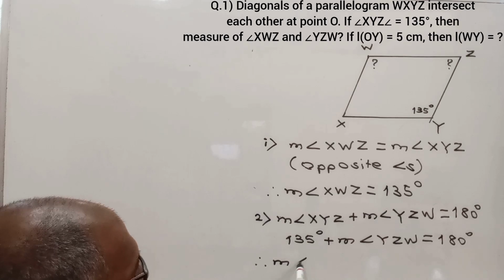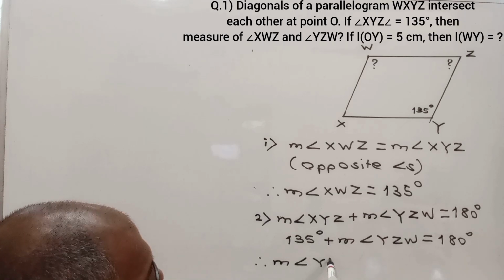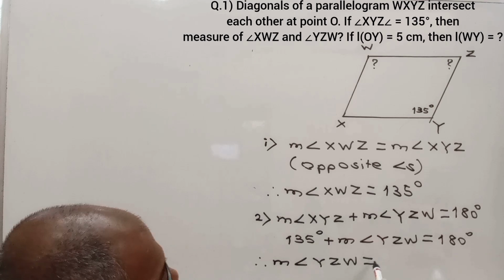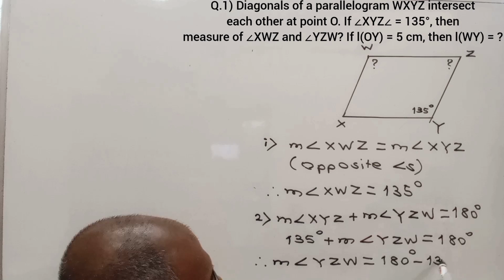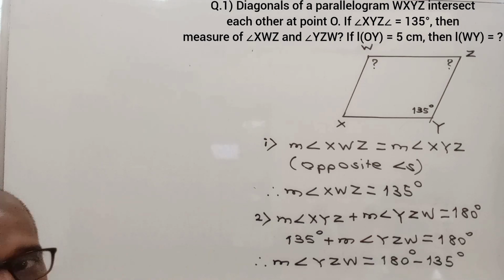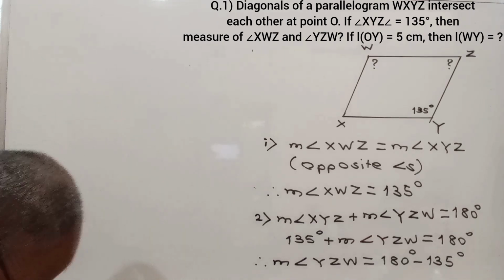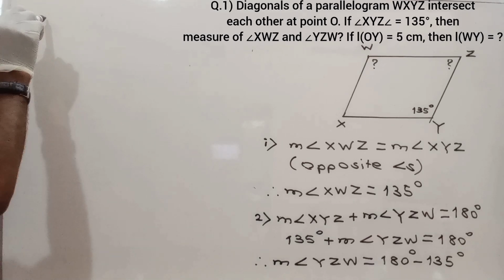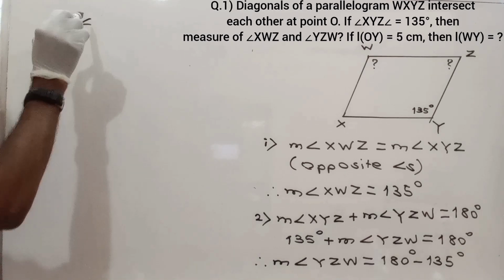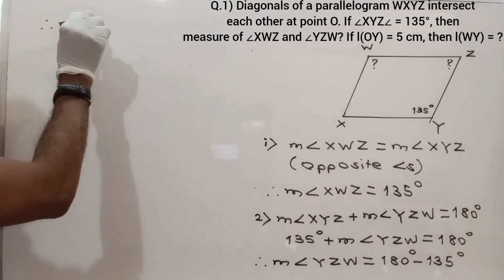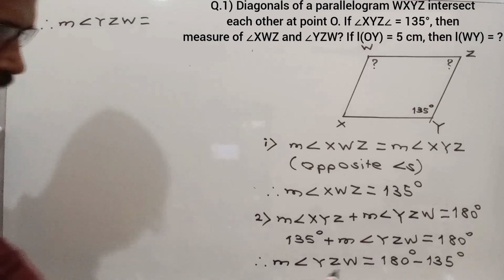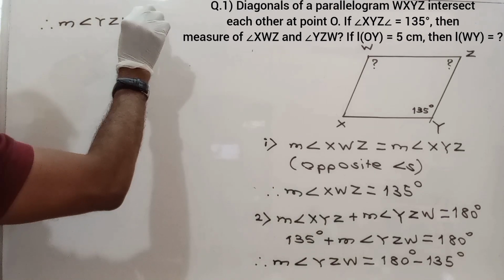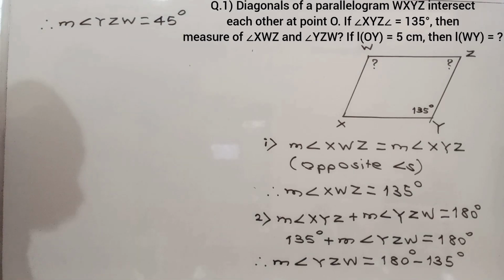Therefore, we obtain measure angle YZW is equal to 180 degrees minus 135 degrees. Therefore, measure angle YZW is equal to 45 degrees. Did you get it?